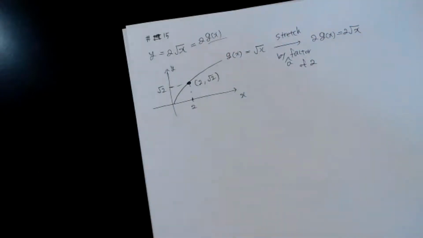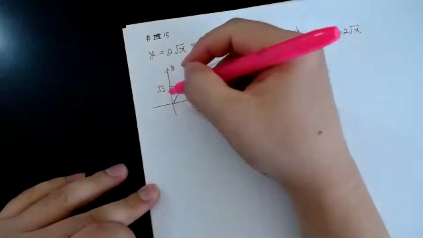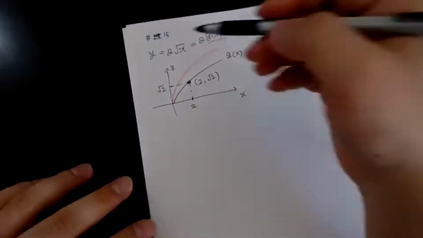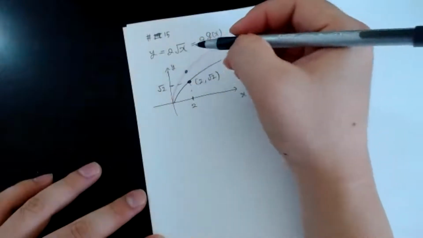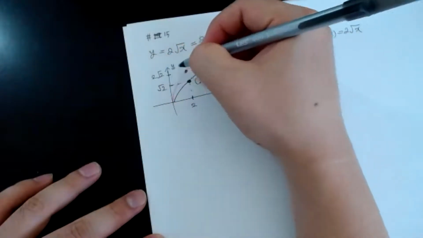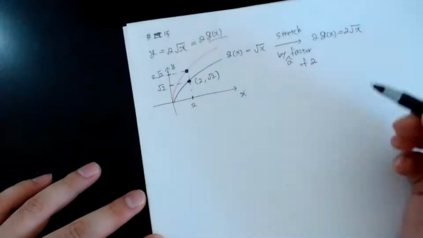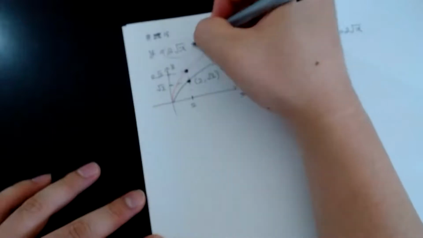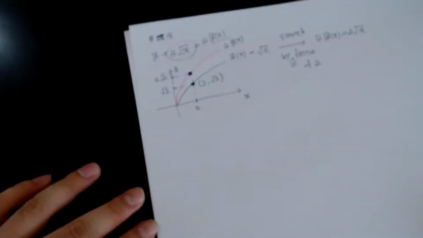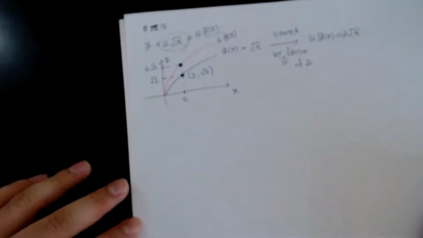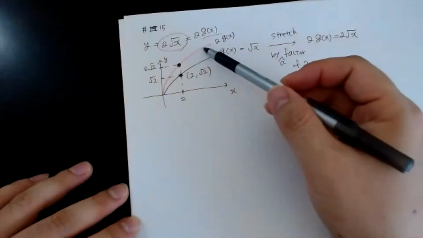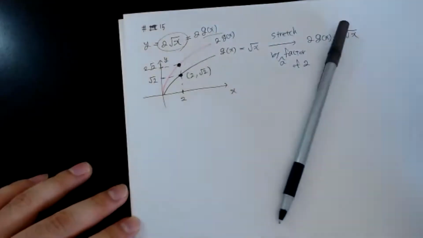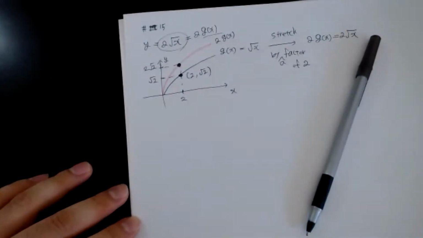Then we're going to get this one, right? When x equals 2, we're not going to get square root of 2, but 2 times square root of 2, right? So this is 2 times g of x, the graph of 2 times square root of x, okay? So now we're going to find the graph from the choices passing through 2 times square root of 2, okay?